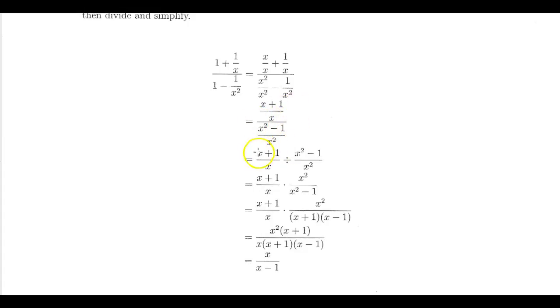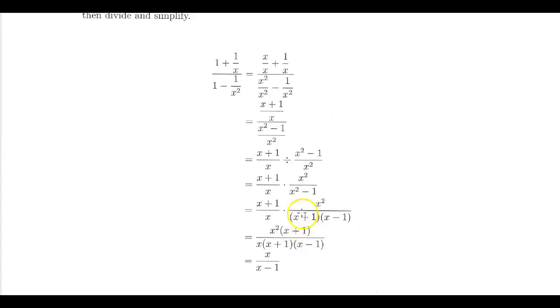This fraction bar means division. We're going to divide the fraction in the numerator by the fraction in the denominator. And we learned that when we divide fractions, we multiply by the reciprocal of the second fraction. So we have x plus 1 over x times x squared over x squared minus 1. And we learned that when we multiply fractions, if we can factor and find any common factors to cancel out, we can simplify.